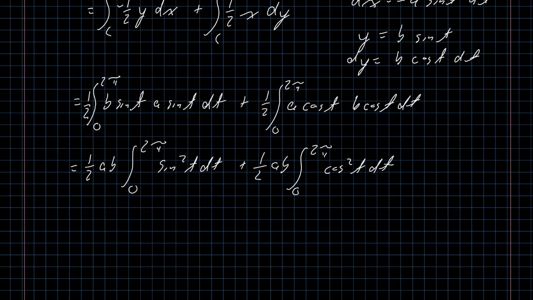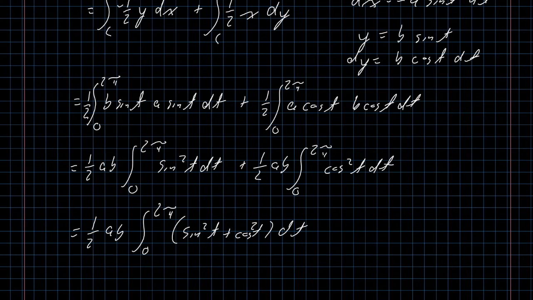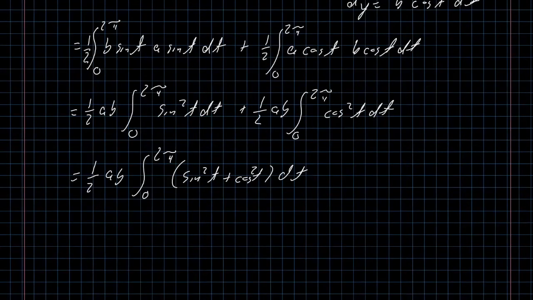notice that if we factor out that ab, we can actually combine these things together into a single integral and get sine squared t plus cosine squared t dt, and our favorite identity, sine squared plus cosine squared is 1.